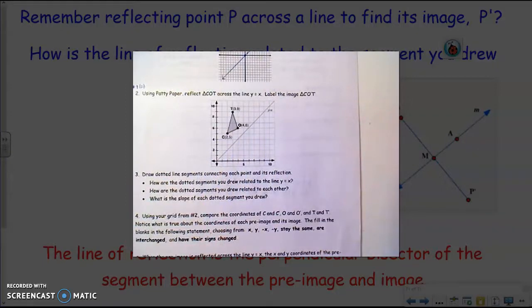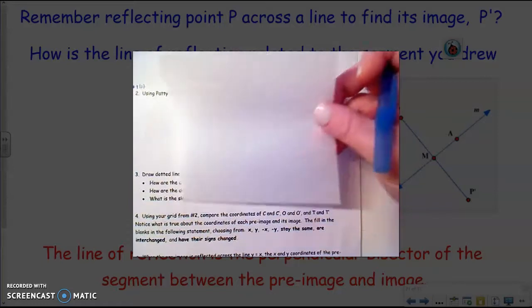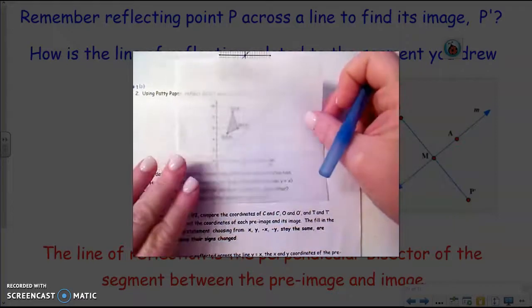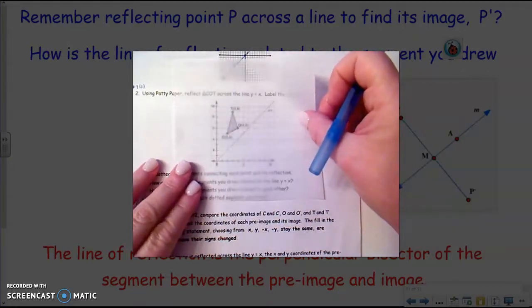And then we'll see how good of a predictor you are with our results. You're going to need a piece of patty paper and a straight edge for this, so if you don't have that, you'll need to pause the video here and go get that. Again, I'm at home and I didn't have patty paper, so I'm going to use parchment paper, which will work just fine.